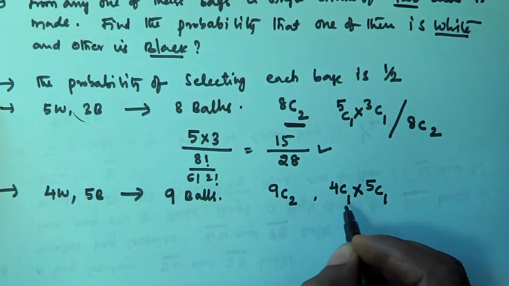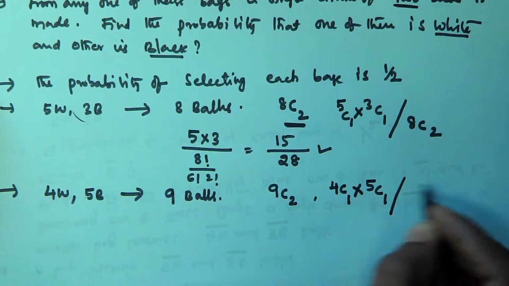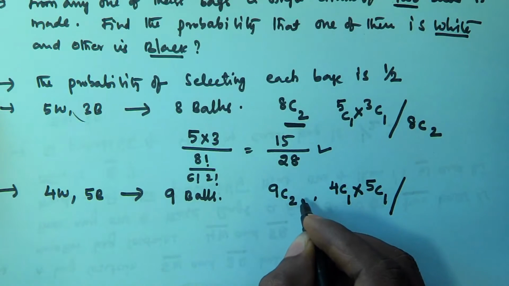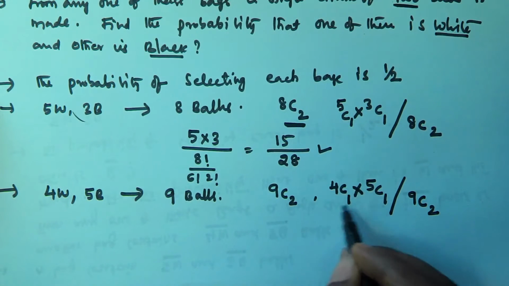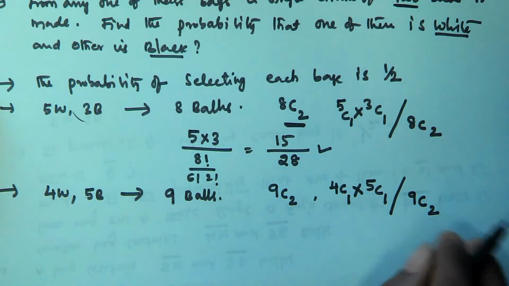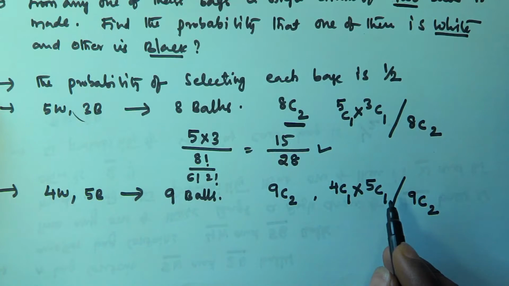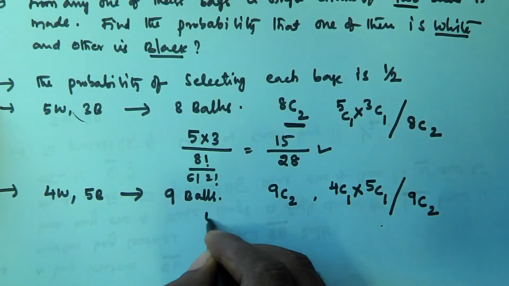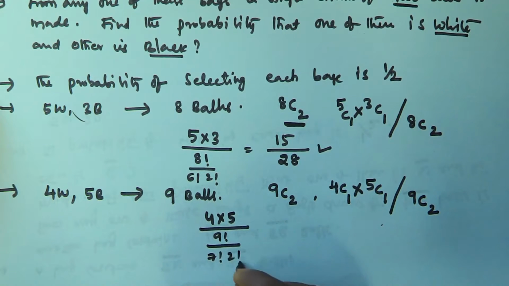So the probability of selecting one white ball and one black ball is the number of ways of selecting one white and one black ball by the total number of ways of selecting two balls out of these 9 balls, that is 9C2. This gives the probability of selecting one white ball and one black ball from the second bag. 4C1 is 4 and 5C1 is 5, and 9C2 is 9 factorial by (9 minus 2) factorial, that is 7 factorial into 2 factorial.